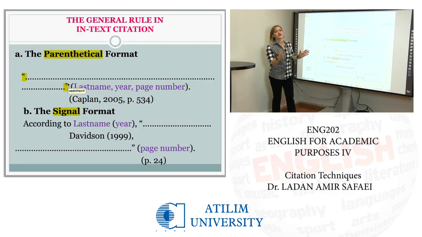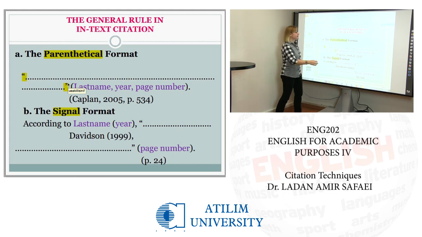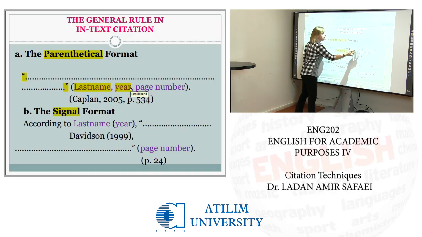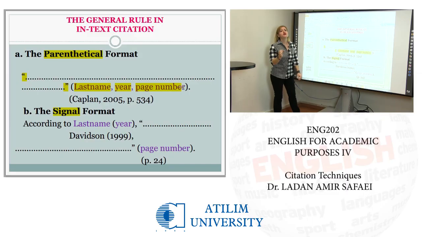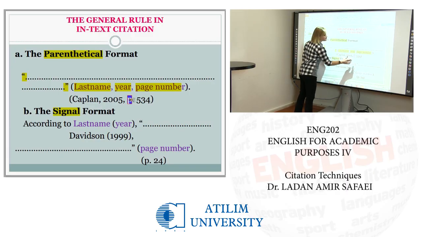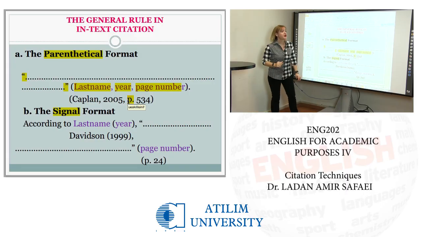Then after you finish it, you write the last name of the writer, then a comma, you write the year, another comma, and the page number. We don't write the word page, we use the short format. What is it? P dot, that is the short version of it. And we write the page number and we close the parenthesis. This is called parenthetical format.